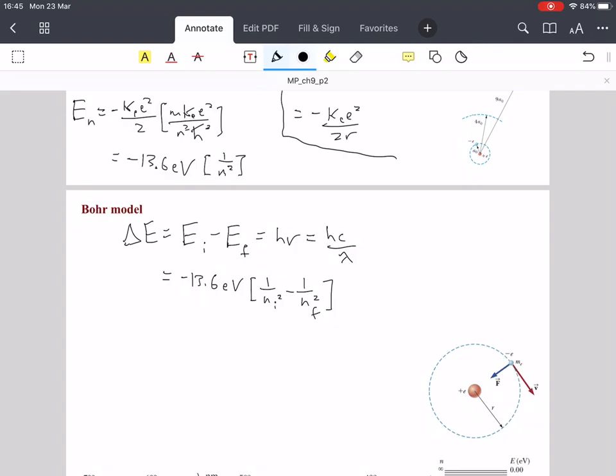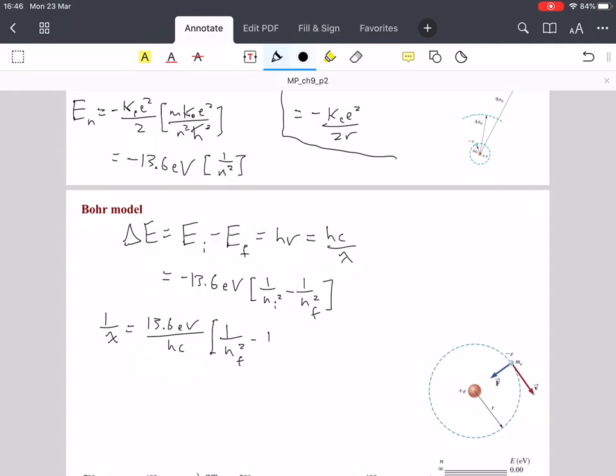Okay, if we want to compare this to the Balmer equation, we want a 1 over lambda, so we'll bring over the hc. We also want to get rid of the negative sign, so what we want is 13.6 eV over hc. So to get rid of the negative, we swap around the next two terms.